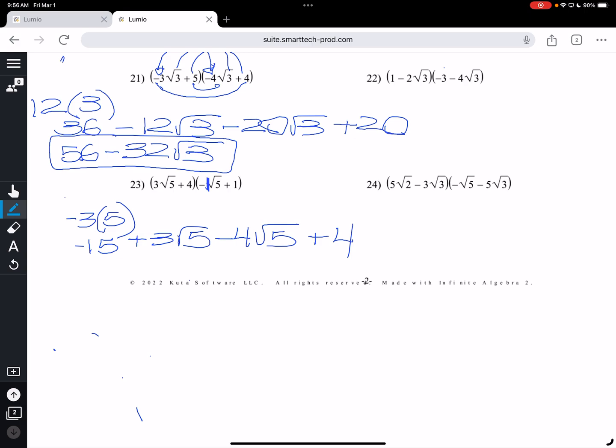What'd you get? Negative 11 minus 2 radical 5. I got almost minus one. Which one are we doing? 23. Oh, I did 20. Negative 11, because you would have had 3 minus 4.